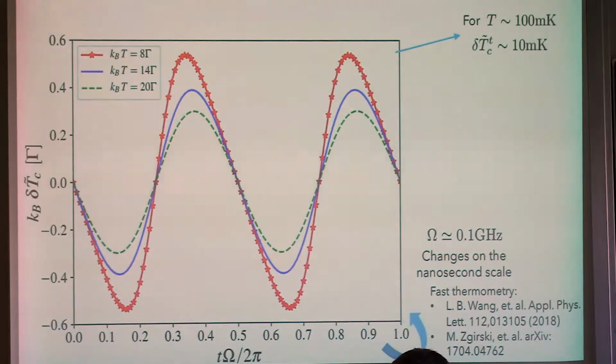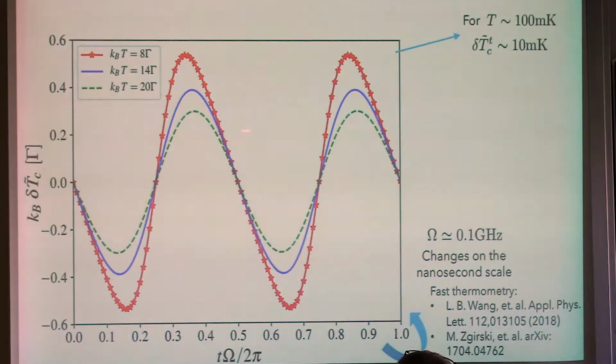So for temperatures around, for example, 100 millikelvins, the maximum amplitude we are attaining is around 10 millikelvin, that is measurable. And the most delicate thing here is that, for example, if the hybridization with the reservoirs is more or less 1 micro electron volt, frequencies of the order of 0.1 gigahertz are safely within the adiabatic regime.